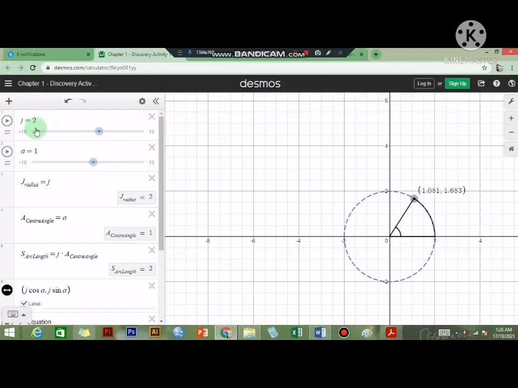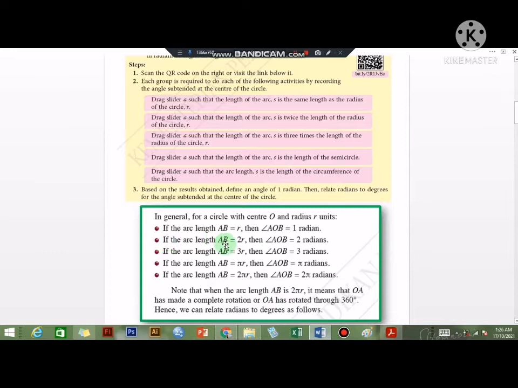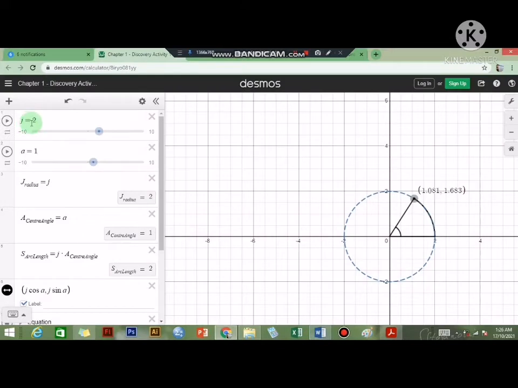The radius is equal to 2, so our length of arc is 2 times 2, which is equal to 4. We need to drag the value of A so that our length of arc equals 4. We need to drag until we get 4 for the length of arc.